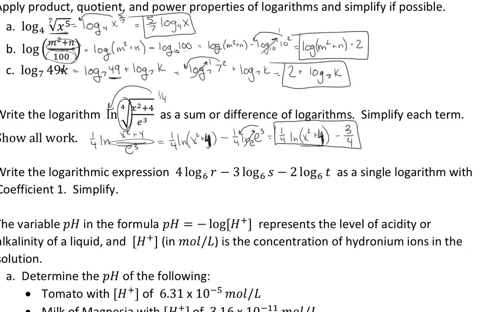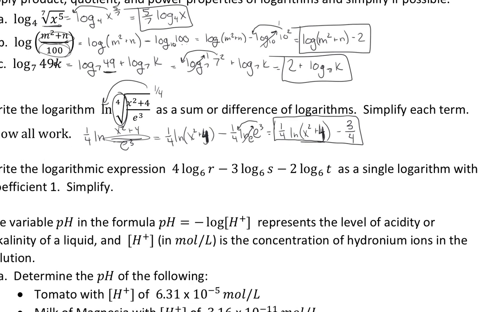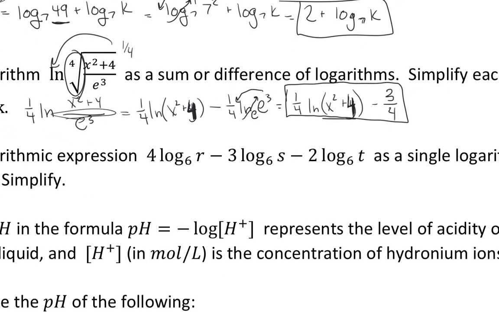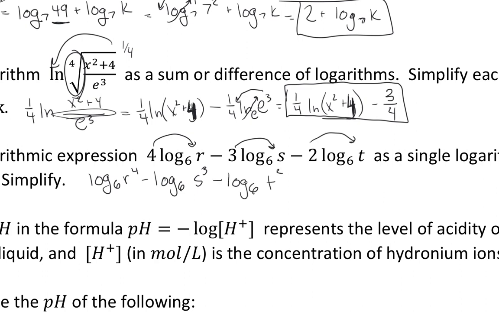Number 27, write the logarithm expression as a single logarithm with a coefficient of 1. All right, so the first thing we're going to do is put all of our coefficients back on top. So this is now going to be log base 6 of r to the 4th minus log base 6 of s to the 3rd minus log base 6 of t squared.